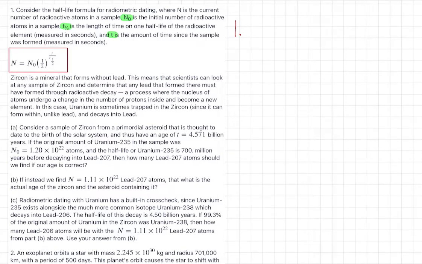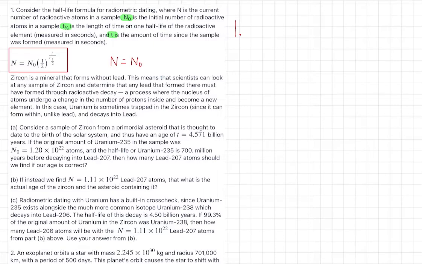This is an exponential formula, so it might be hard to tell, but on the left-hand side we have N, that's kind of the product of the formula. On the right-hand side, we have the starting number. So N is the final number. This would be the final number of atoms that are left after radioactive decay.